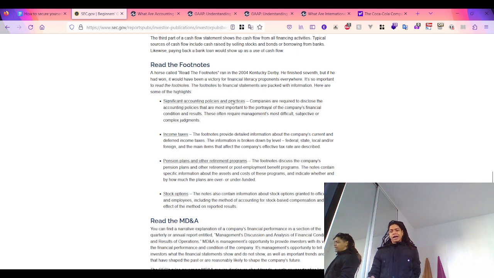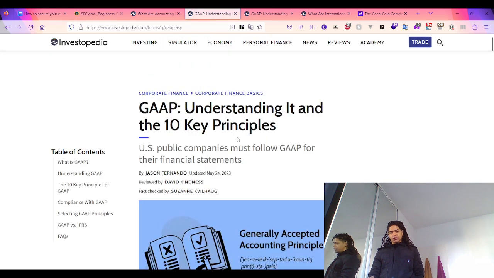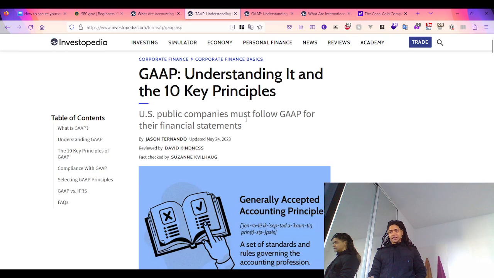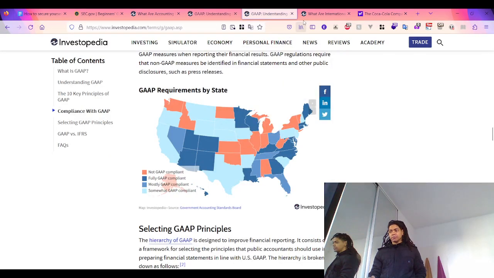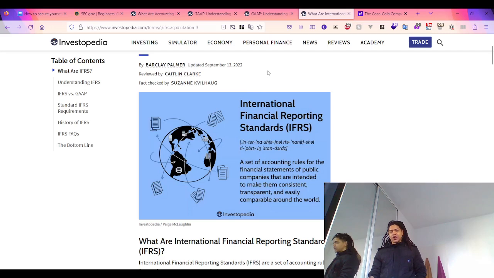So, how the company adheres to the accounting principles, whether it's GAAP, the generally accepted accounting principles that U.S. public companies follow in their financial statements, or the International Financial Reporting Standards.